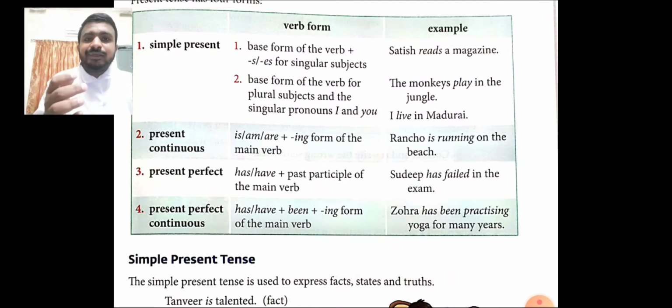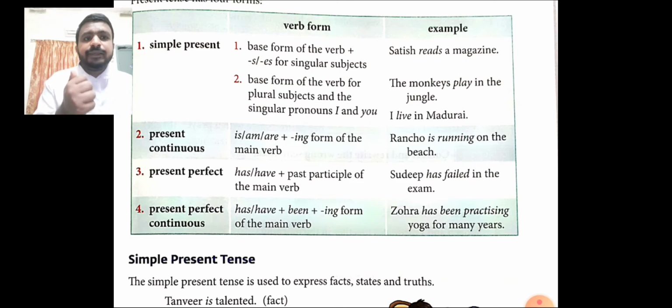In order to be more good in grammar, you need to study all these rules. Now, simple present tense: subject plus base form of the verb plus s or es plus object. This is a formula. For example, Satish reads a magazine.